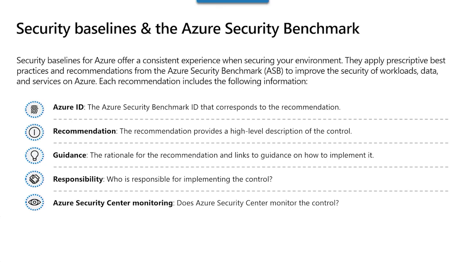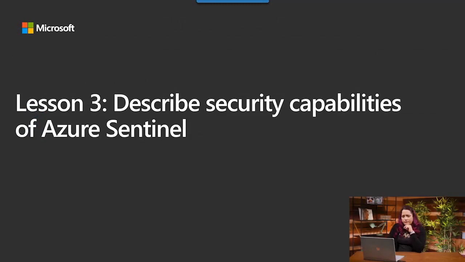And the whole point of these built-in baselines is to help provide security to the most common cases that your environment may encounter. Some of the controls that are used in Azure Security Benchmark include network security, identity and access controls, data protection, data recovery, incident responses, and so much more. So this is how we're getting those baselines inside of Azure.